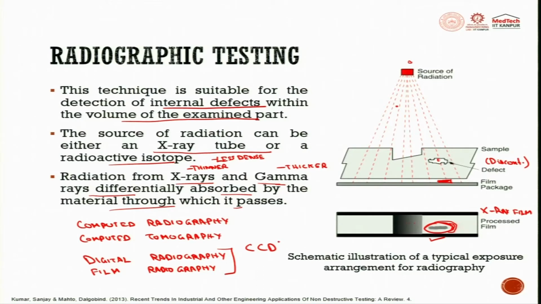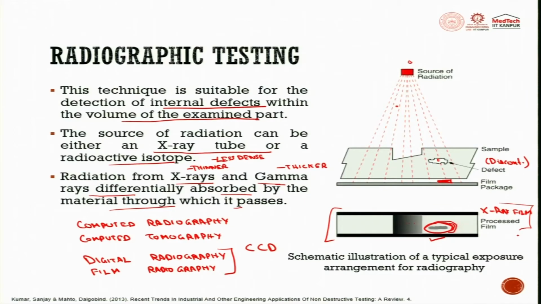CMOS systems could also be used. These images are available for viewing and analysis. Then film radiography uses a film like the one shown here. It uses a transparent plastic coated film with a fine layer of silver bromide on one or both sides of the plastic. So film radiography uses a film, and digital radiography gives images directly on the computer, equivalent to what we get in the film.